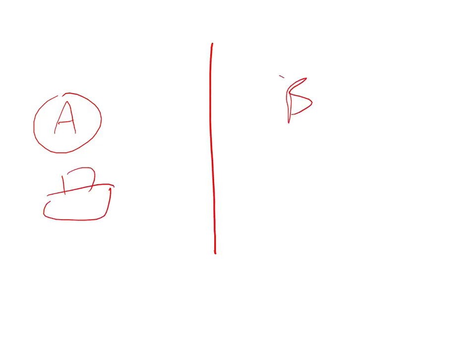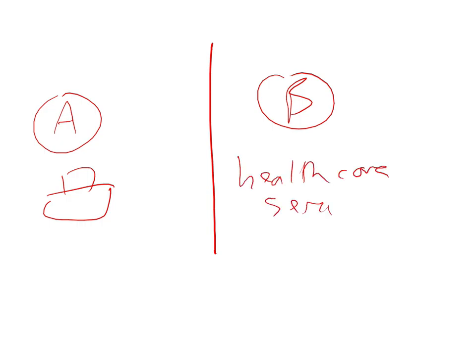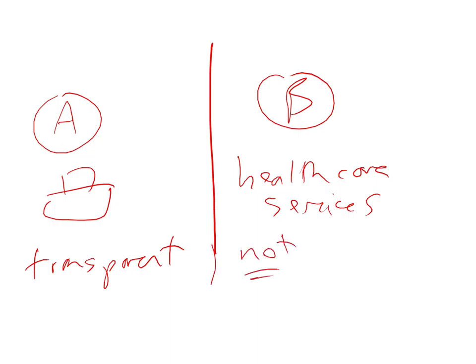So the major difference between scenario A, buying the car, and scenario B, getting healthcare services, is that this is transparent, and in many cases, this is not transparent.